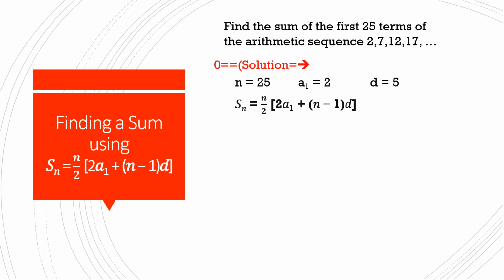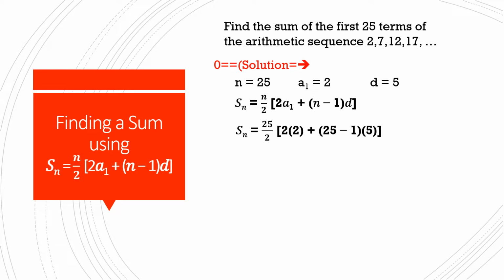So using now the formula, all we have to do is substitute all the necessary information. We have n, which is 25, a sub 1, which is 2, and d is equal to 5. So substituting, first we have 2 times 2.